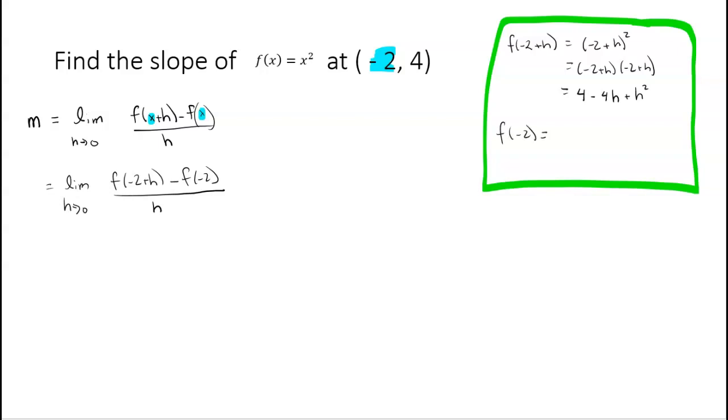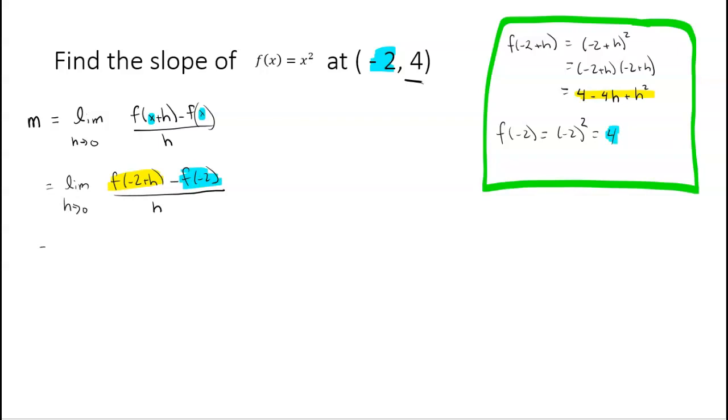Now the great thing about -2, it's already 4. But just to make sure, if I plug in -2 and I square it, I do in fact get 4. So color coordinating it, this guy right here is going to be replaced right here, and this guy right here is going to replace that right there.